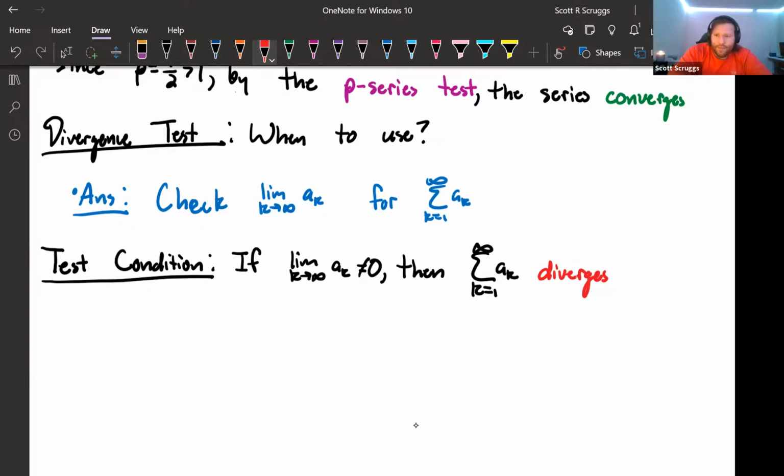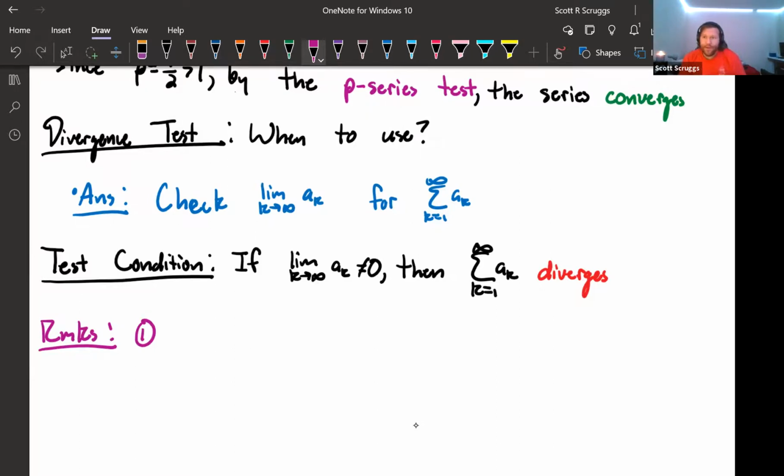Now, there are a few remarks that I do have to make about the divergence test, and it's because of common mistakes that I've seen before. So let's make those remarks. The first thing I want to emphasize, in that test condition, I did not say anything about the series converging. That was not me forgetting.